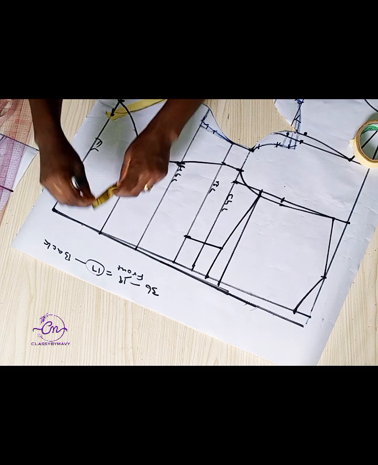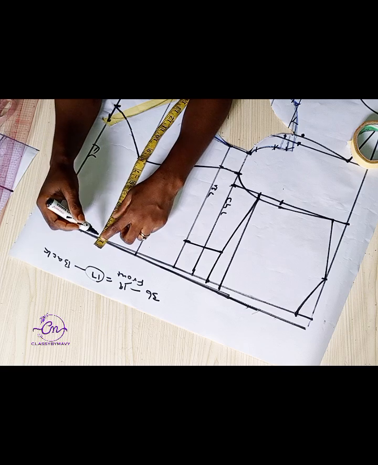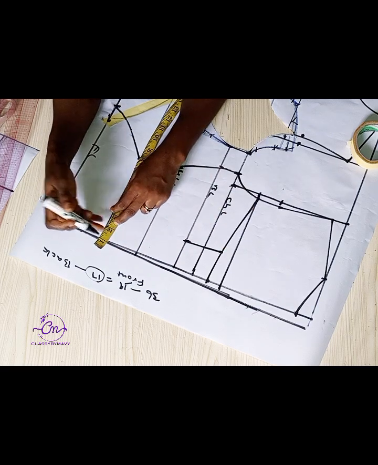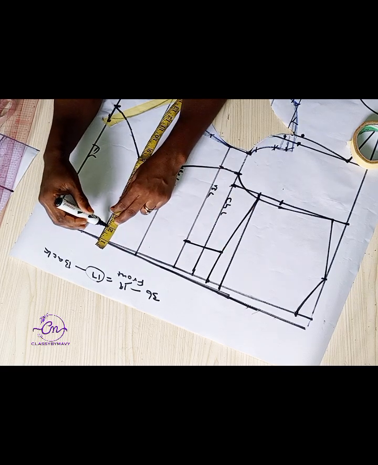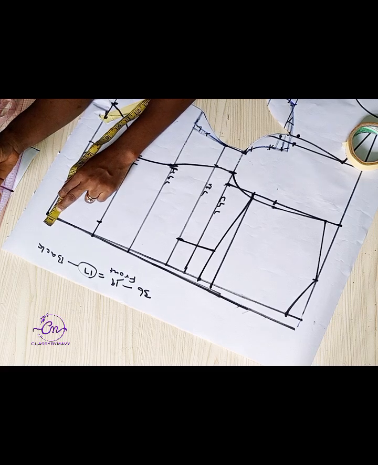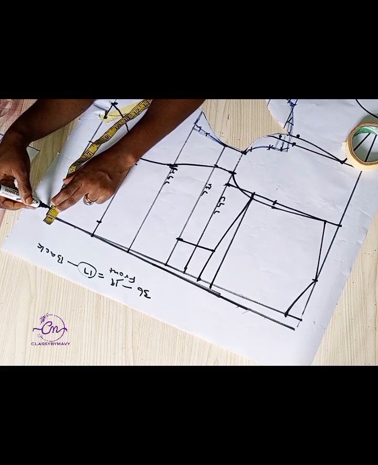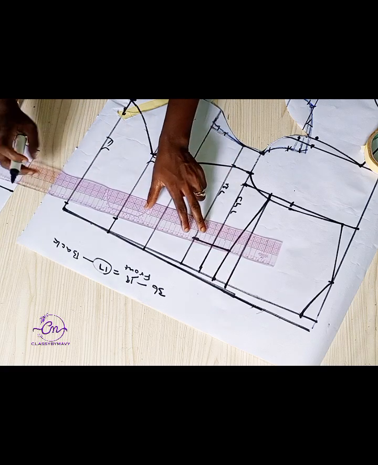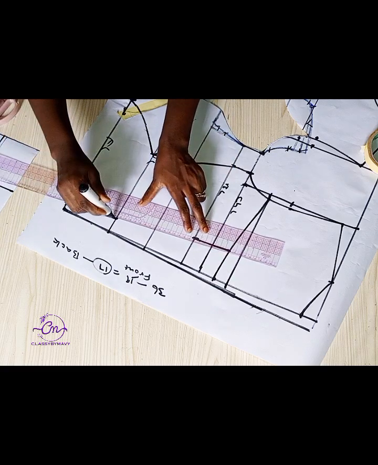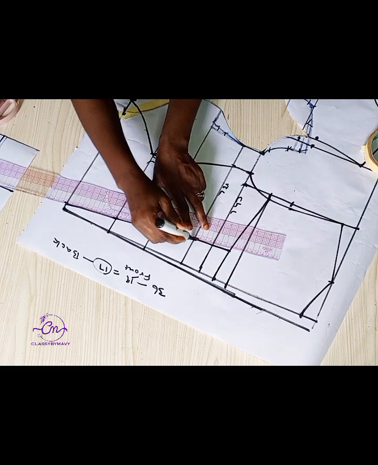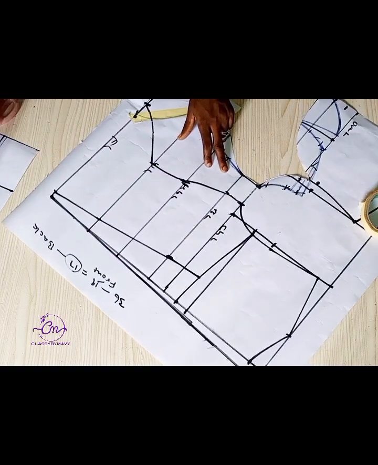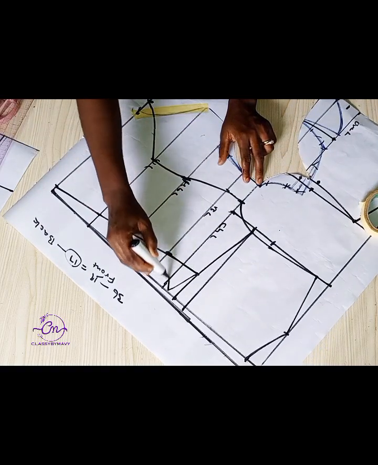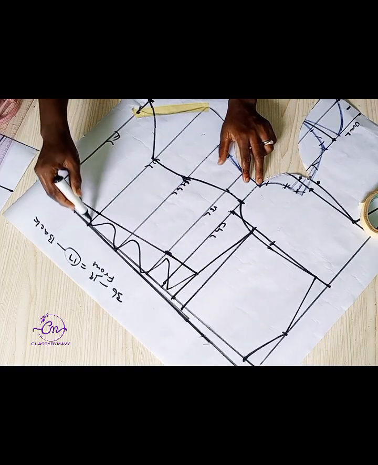Now on the waistline, since you have marked 2 here, on the waistline you mark 1, and on the hip line you mark half. Can you see now? So this is no longer with us.